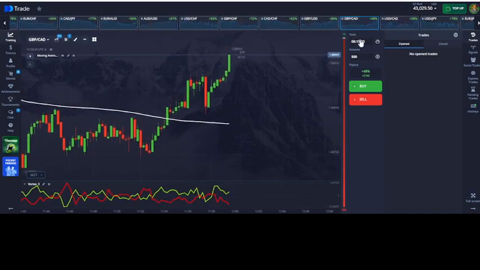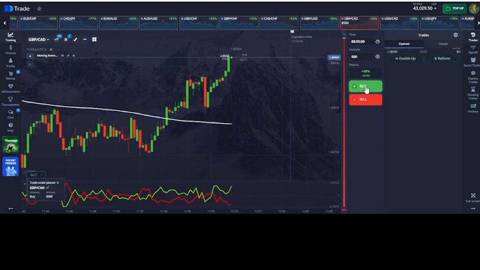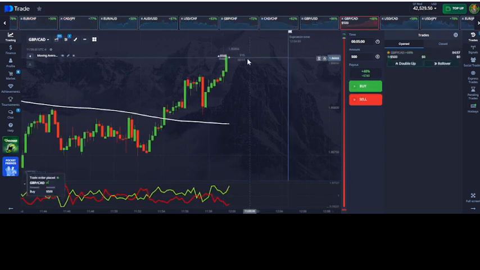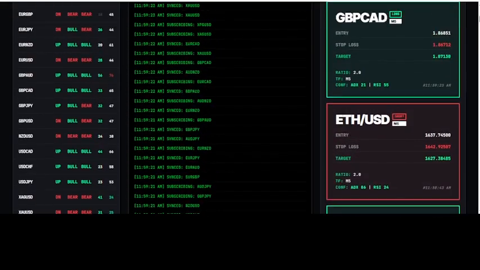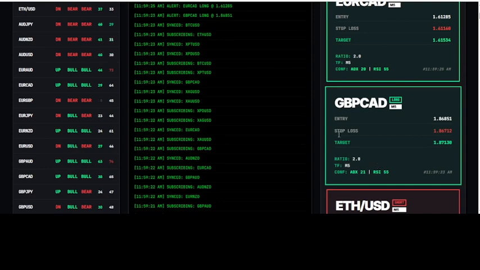Okay, it's telling us take a 5 minute trade here. So I went ahead and took another trade on the Great British Pound, Canadian dollar, a 5 minute trade according to the signal right here. Great British Pound, Canadian long.